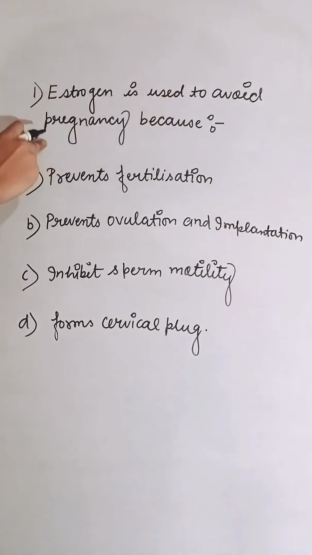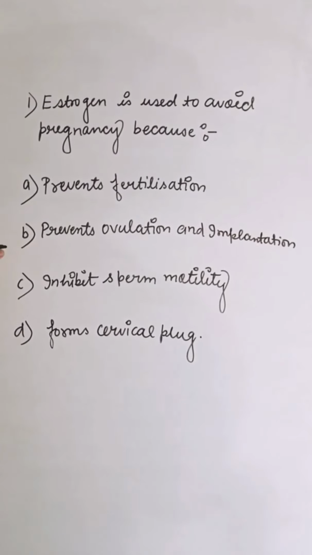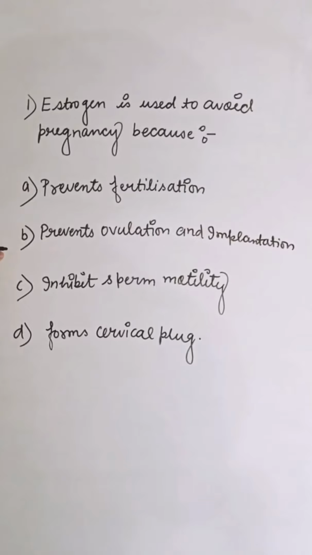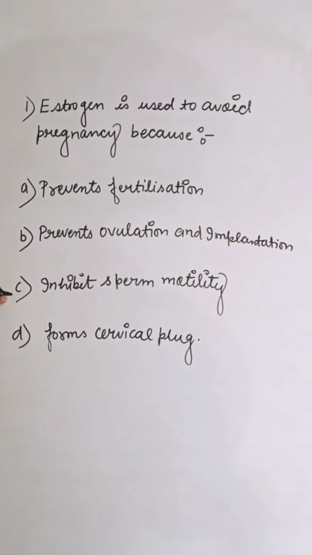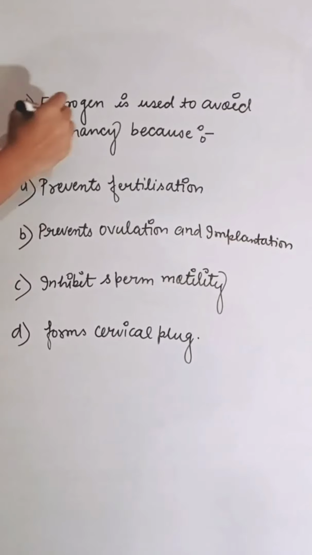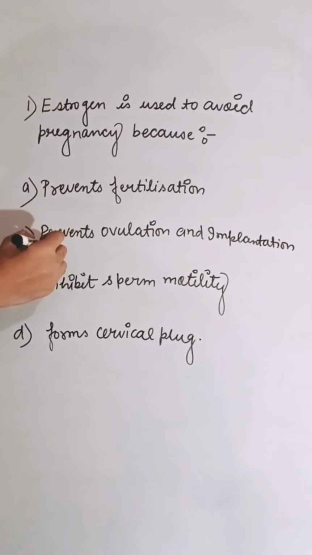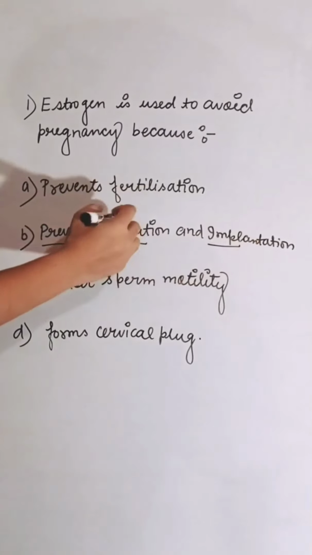Estrogen is used to avoid pregnancy because first option prevents fertilization, second is prevents ovulation and implantation, third is inhibits sperm motility, fourth is forms cervical plug. Estrogen is used to avoid pregnancy because it prevents ovulation and implantation.